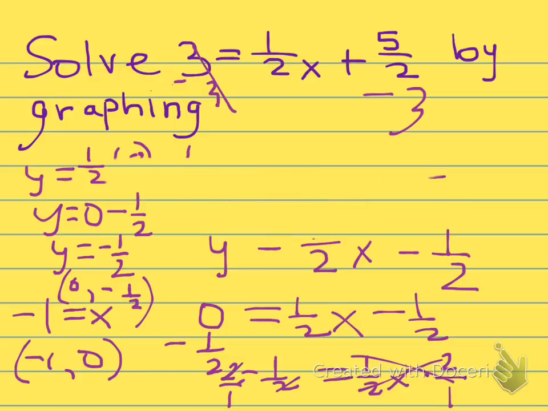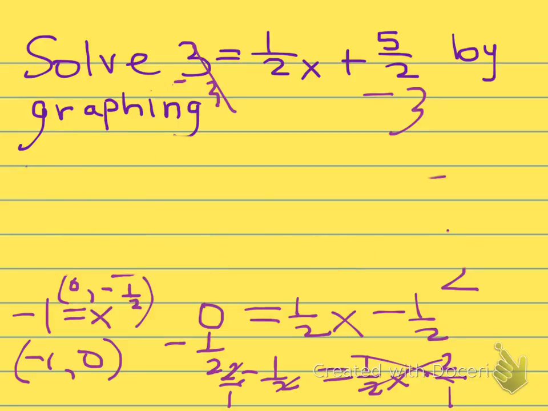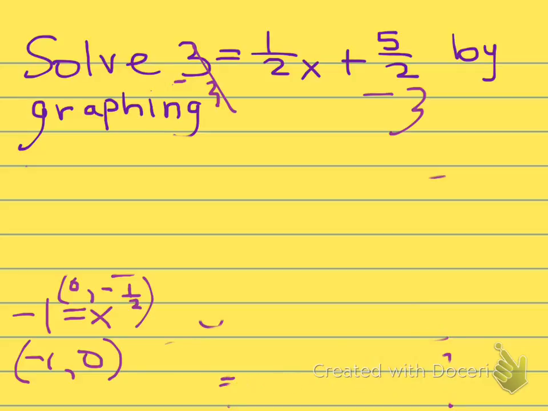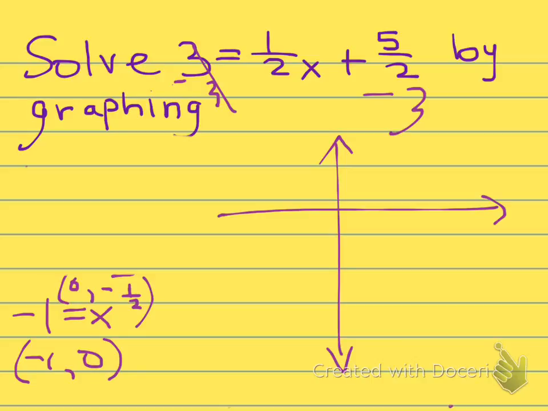So now we're going to graph these 2 points. We probably want to do our scale on our y-axis by halves since we have a fraction. Our x-intercept is going to go at (-1, 0), which is here.